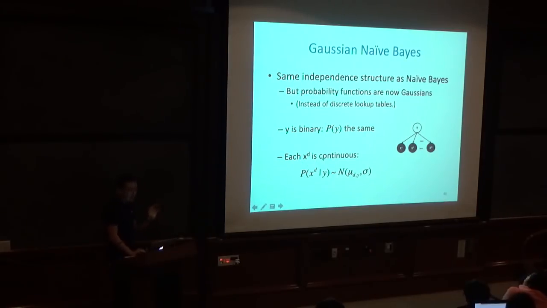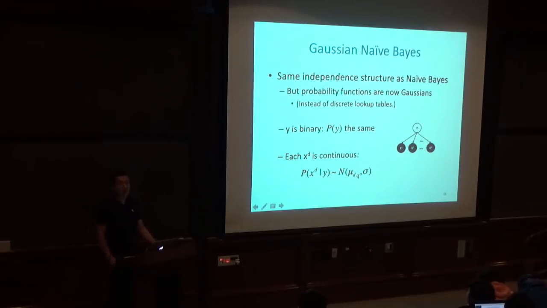But let's say each xd is continuous, and so p of xd given y is a Gaussian distribution with a mean and a variance. In this case, I'm going to keep all the variance the same, just for simplicity. So what are the parameters of this model? Well, it's the lookup table of p of y, and it's this mu value for each dimension and each possible y.